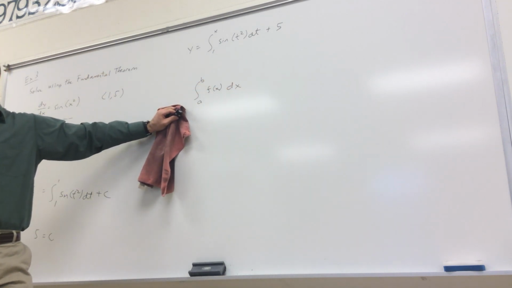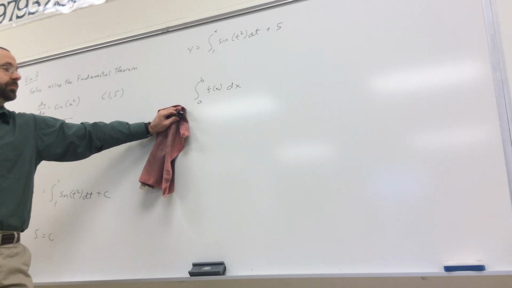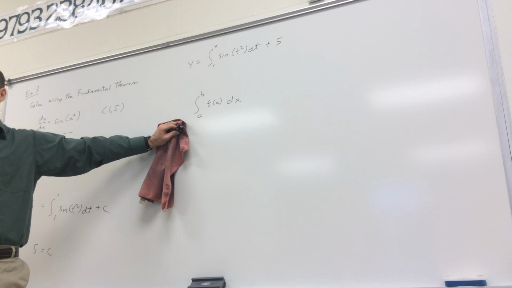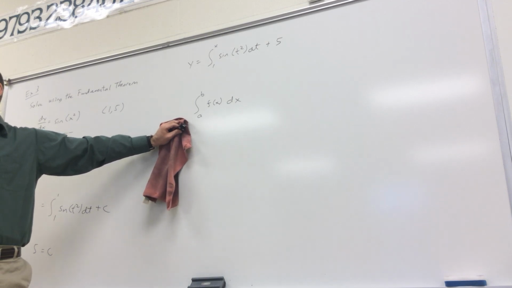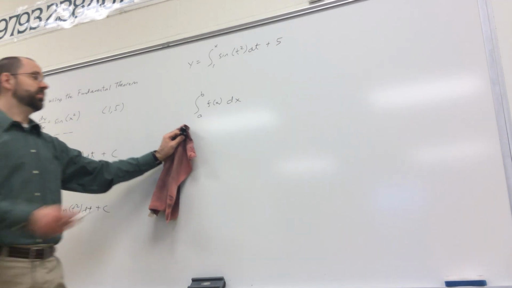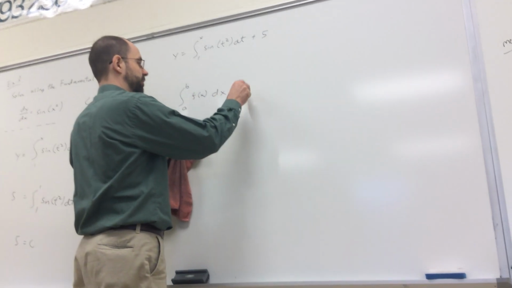We've got the integral from a to b of f of x dx. What does this mean? What does it tell you to do? Find the area underneath f of x from a to b, right? So this means find the area.